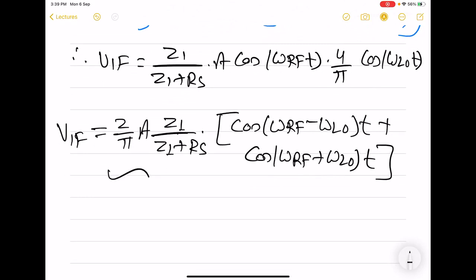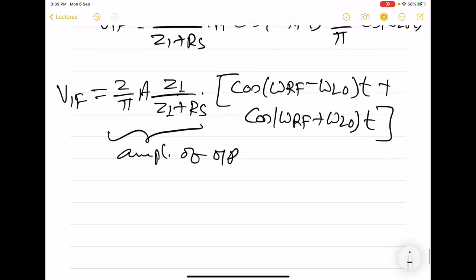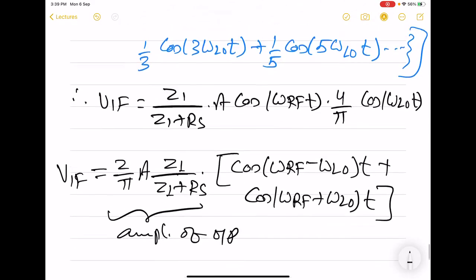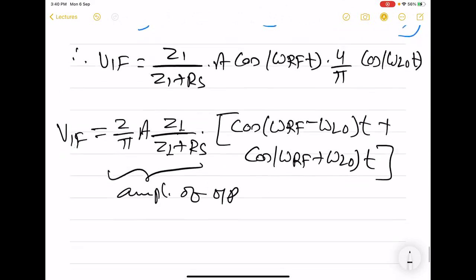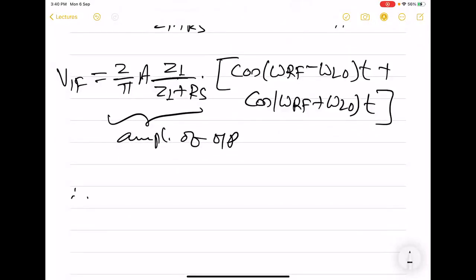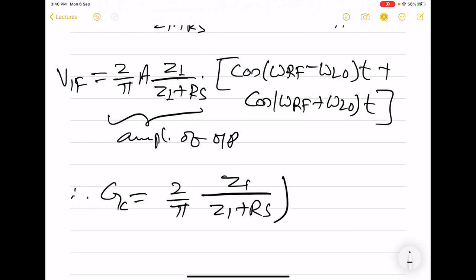So this is the amplitude of the IF or the output, and the amplitude of RF or the input is A. So therefore conversion gain is 2 by pi Z1 divided by Z1 plus RS.